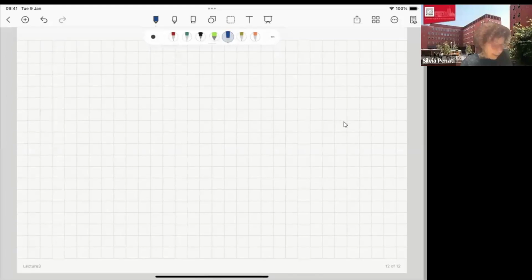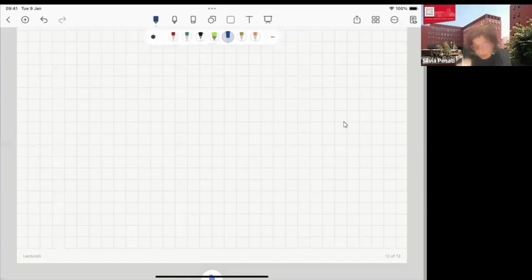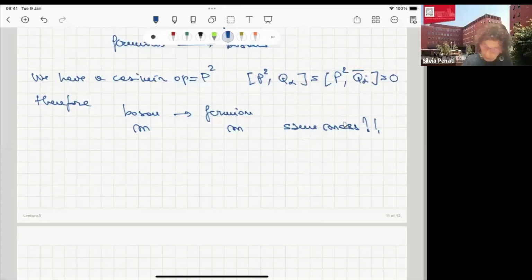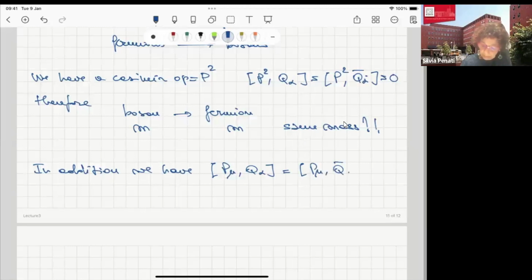Let's go more carefully through, but let me mention something more. This is not the end of the story. Not only P square commutes with Q and Q bar, but if you go back to the supersymmetry algebra that you wrote at the beginning, you will see that in addition we have that all the components of P commute with Q and Q bar.